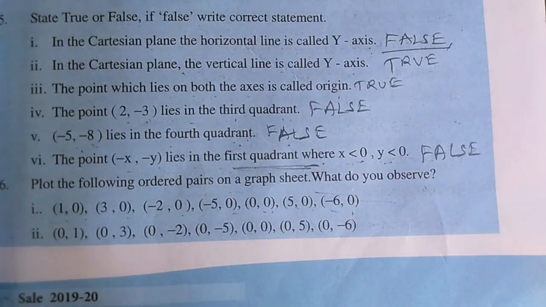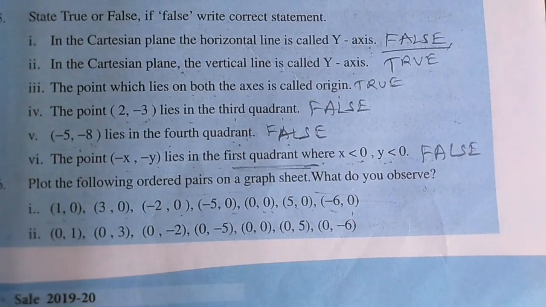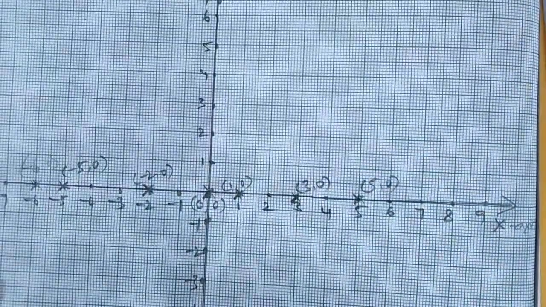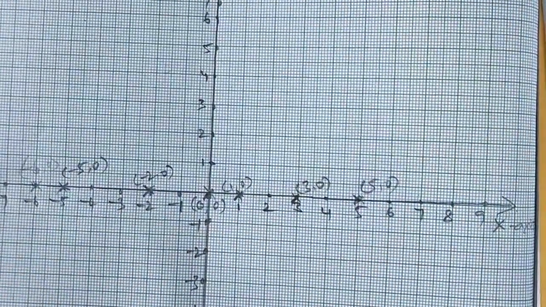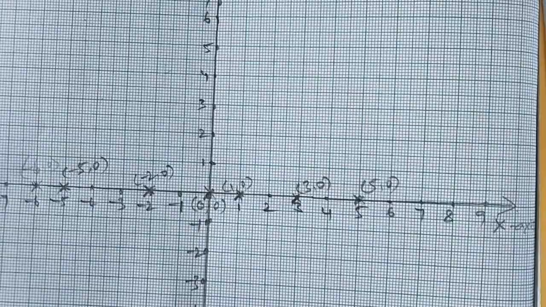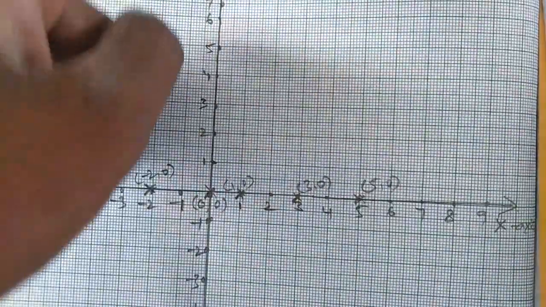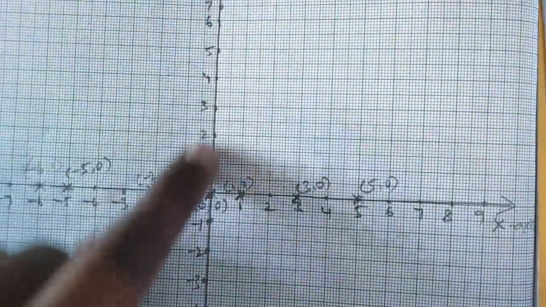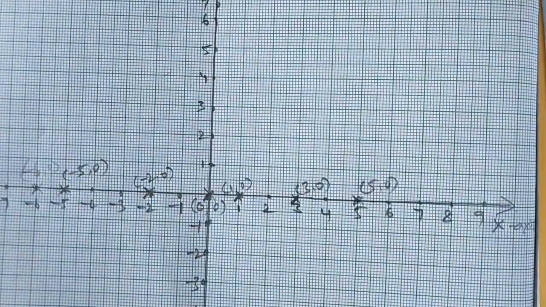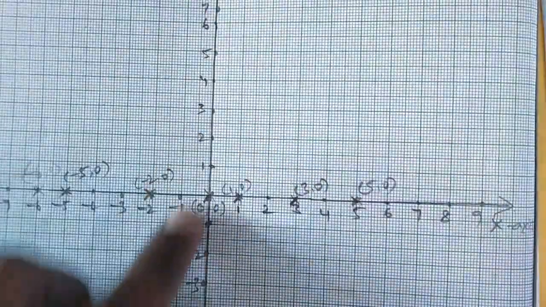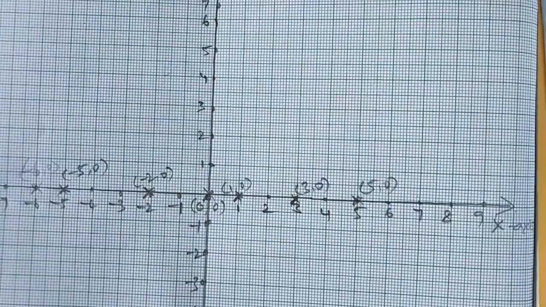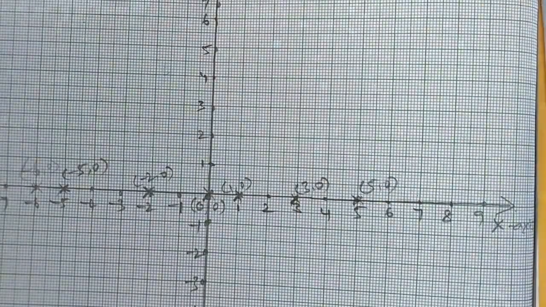If the x coordinate is 0, the point will lie on the y-axis. In the previous one, all points were lying on the x-axis. Now in the second question, all the x coordinates are 0, so the points will be lying on the y-axis vertically. That is the observation you have to write for question number 6.